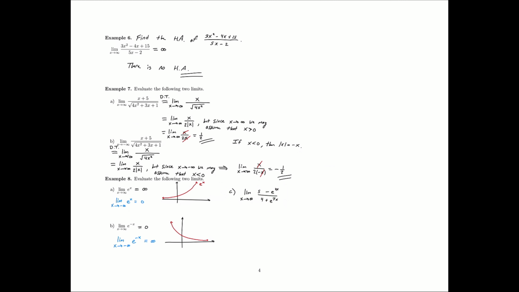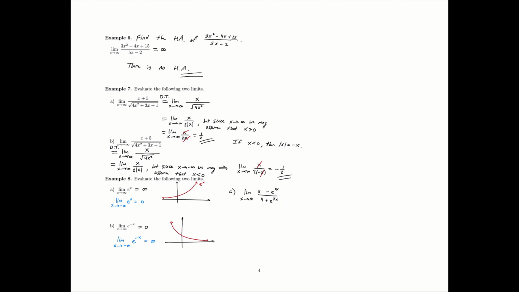It's going to grow faster. If we graphed e to the 7x along with e to the x, it would start a little bit lower, and then it overtakes it. They intersect right here at 0, 1. So it's steeper, effectively.